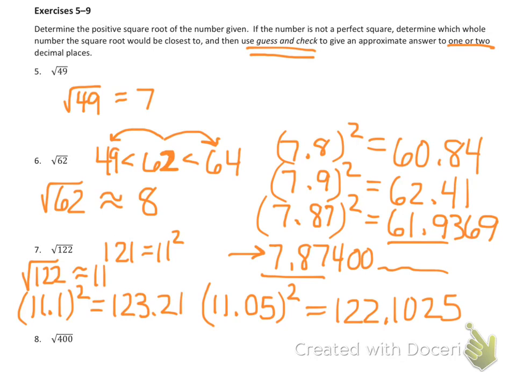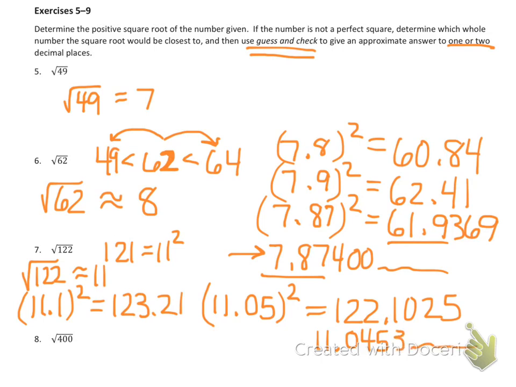And if we use our square root button, once again, use the square root button on my calculator, square root of 122 is 11.0453 and more there.